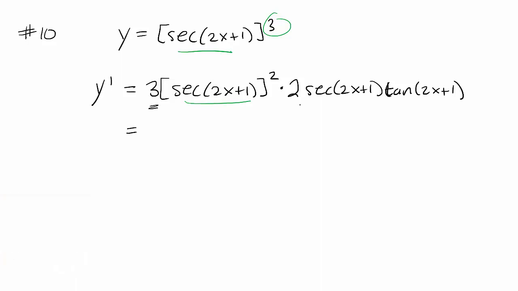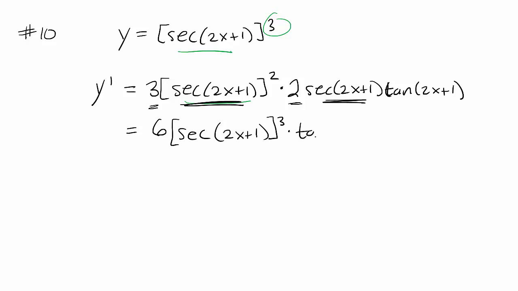So we have 3, 2, I'm going to write that as 6. And then I have secant here, squared. I have a secant here. So this is going to be secant of 2x plus 1, but I want to cube it since I have 3 factors of it. And then I've got tangent of 2x plus 1 in the back. And then just leave it like that.